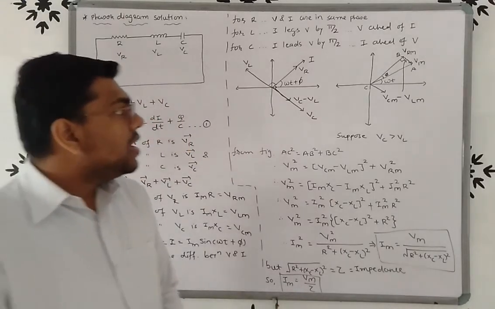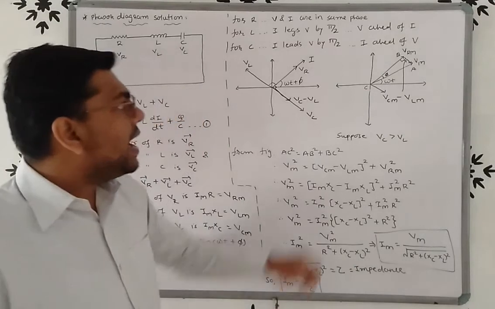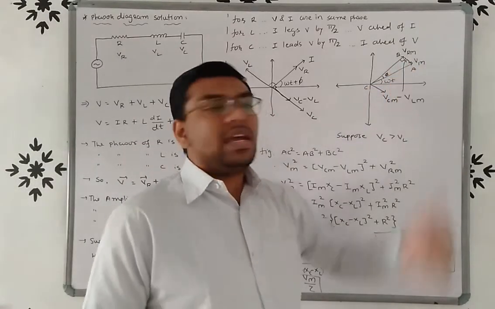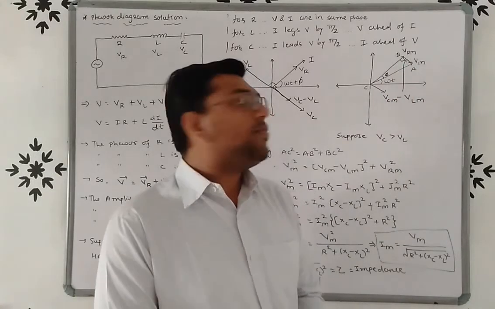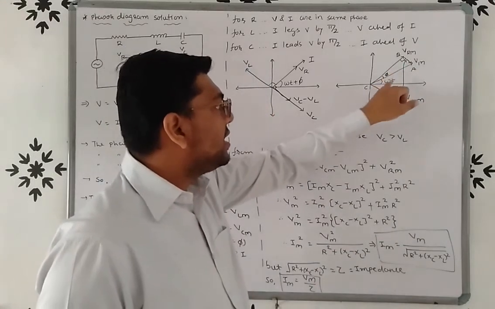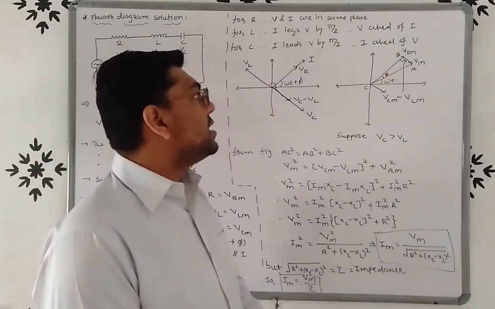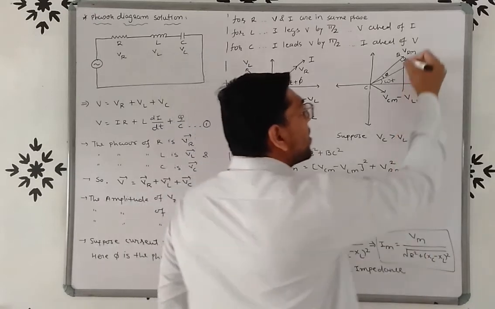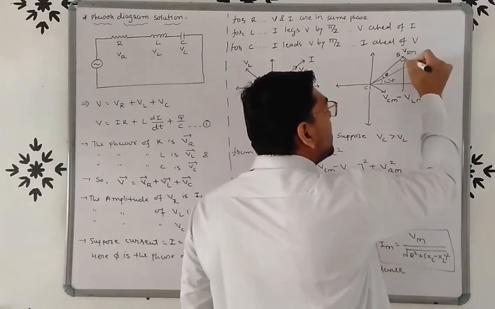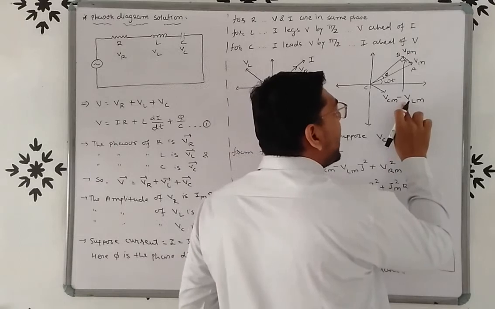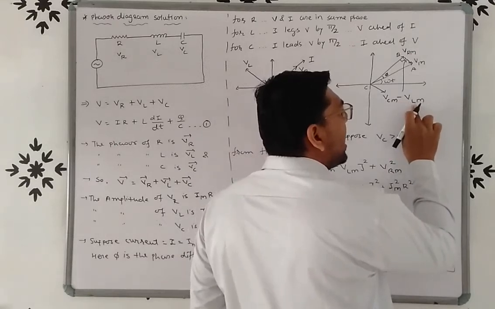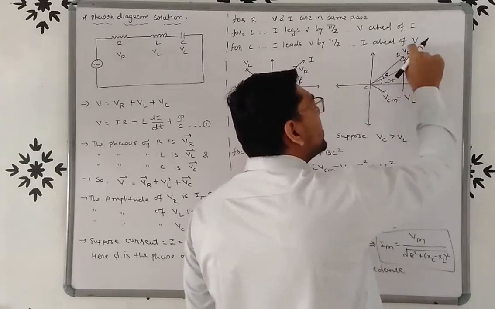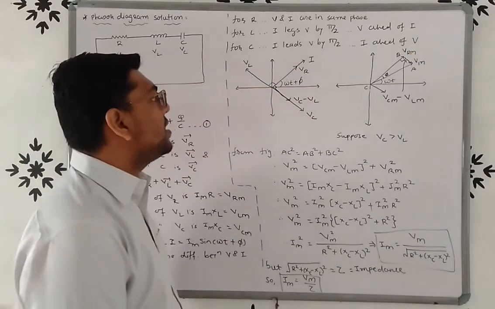Now if you want to find out angle phi, then you can use the formula of tan phi, right? So here we know that tan phi is equals to VCM minus VLM upon BC, that is VRM, right?